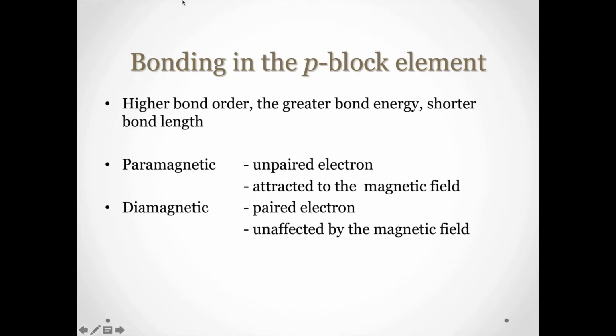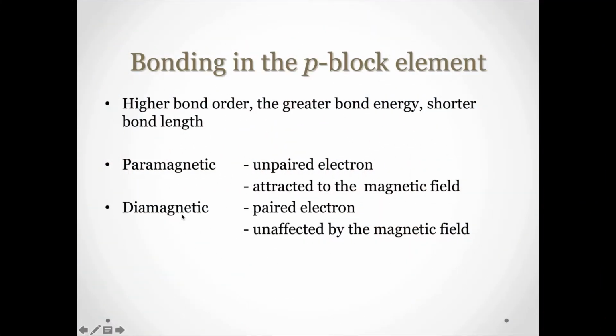We go to the bonding in the p block elements. As you know, the higher the bond order, the greater the bond energy and the shorter the bond length. Other than HOMO and LUMO, you need to know another two terms here: paramagnetic and diamagnetic.